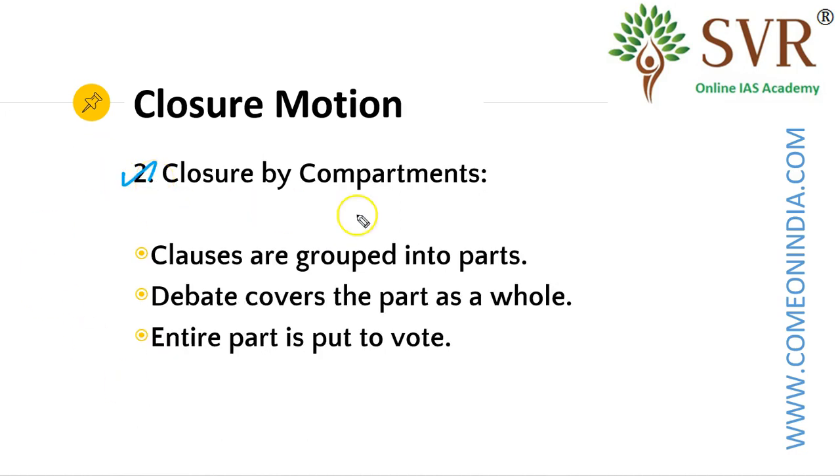Now consider there is a lengthy bill with many clauses, and in such cases it is not possible to discuss clause by clause. So the Parliament groups the clauses into various parts, and the parts are discussed as a whole, and finally the entire part is put to the voting process. This kind of proceeding in the Parliament is what is known as closure by compartments.